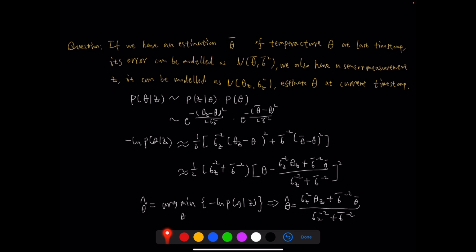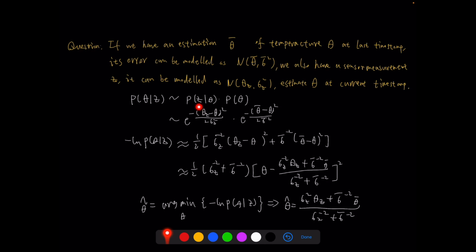Okay, so the solution is to use MAP. First we have our Bayes theorem: a likelihood function multiplied by the prior probability. The likelihood is, given the best estimate, what the measurement probability will be.